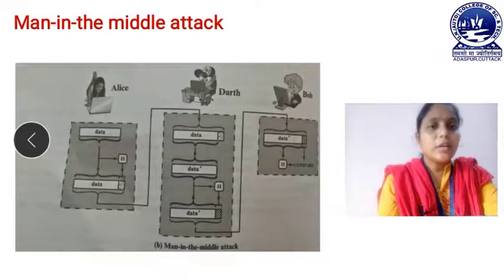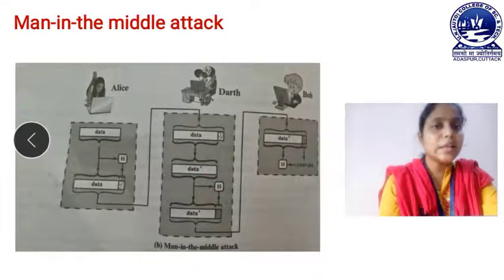After that, Darth appends this new data with the new hash value generated by Darth. Then Darth sends this value to Bob. Now Bob receives the new data and the new hash value which is actually generated by Darth.